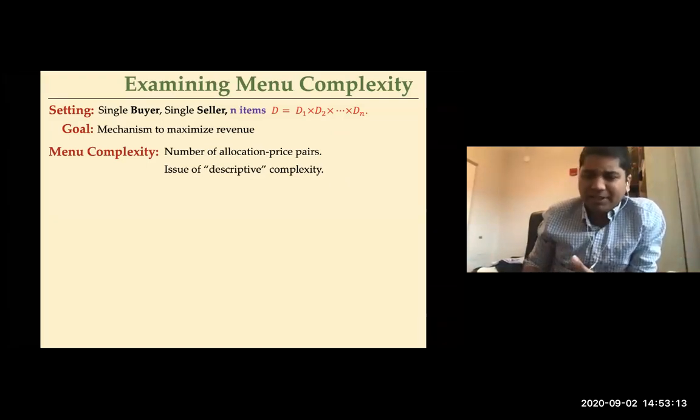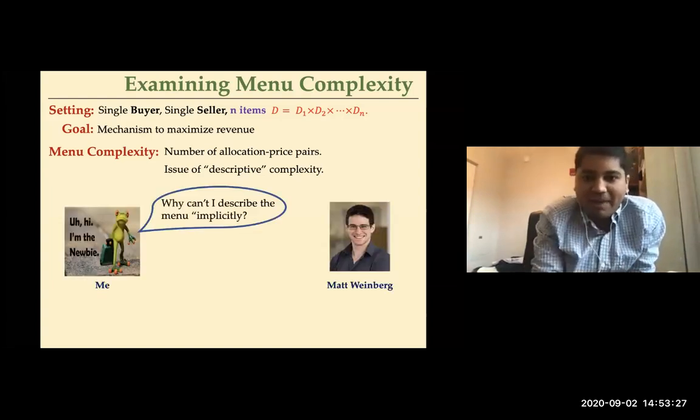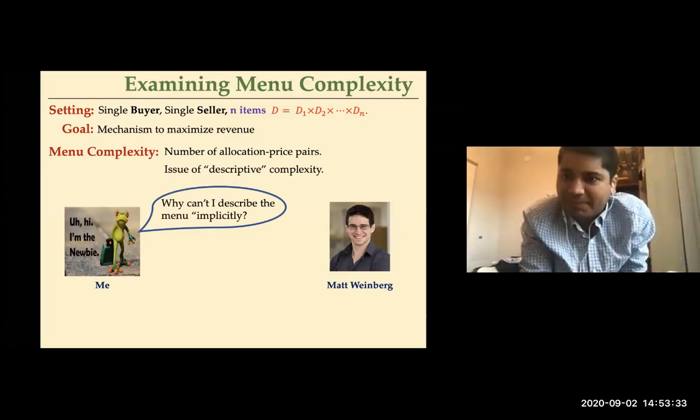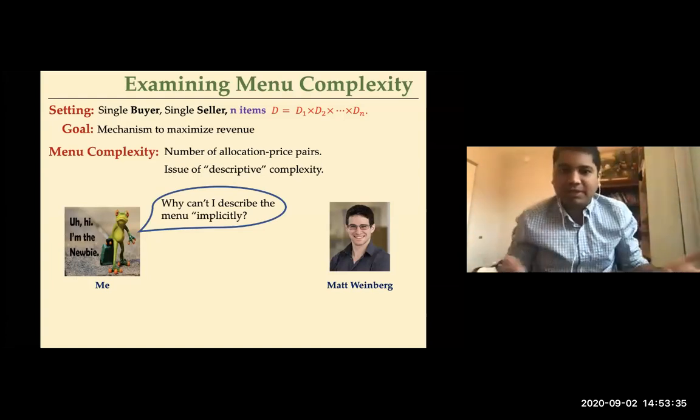And so a priori, this is just a question of how large is it? How much space does it take to describe an optimal menu, right? And so, if you are like a naive computer scientist like me who does not know enough economics, you actually go to Matt and ask him, well, why are we doing this? Why can't I just describe the menu implicitly? Why do I have to be explicit in the description as a whole list?